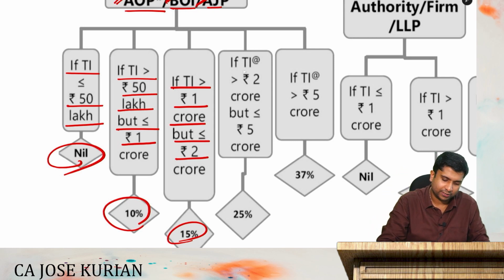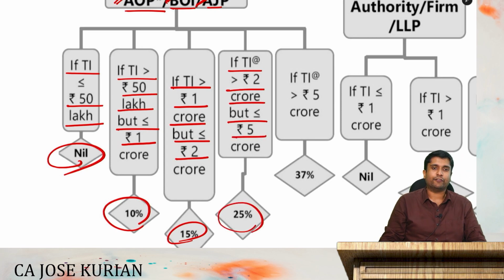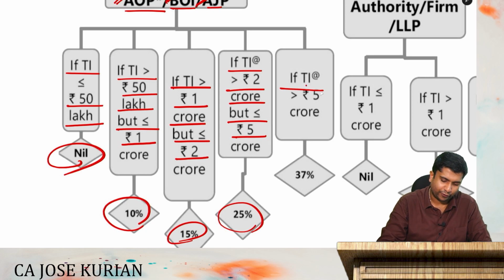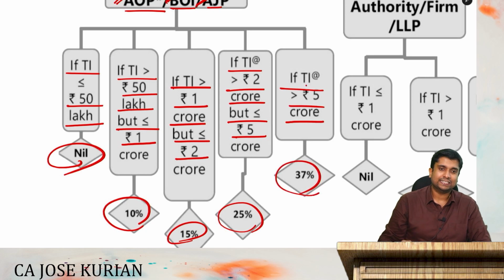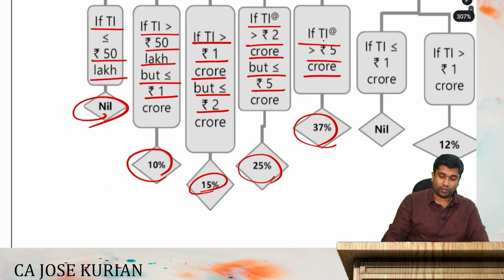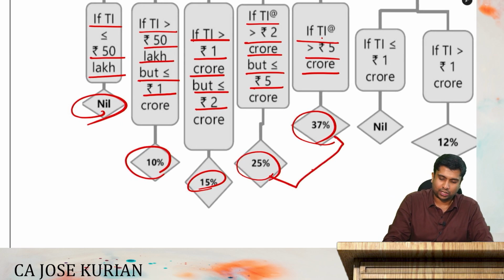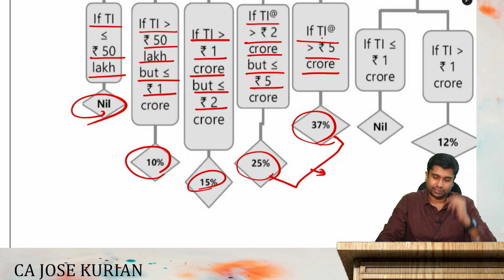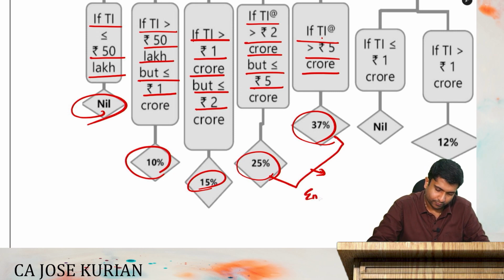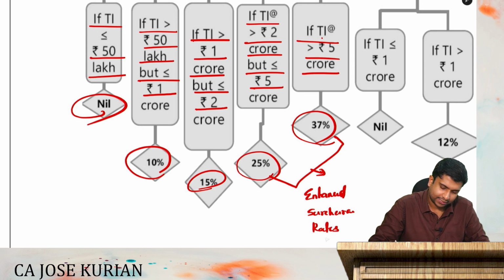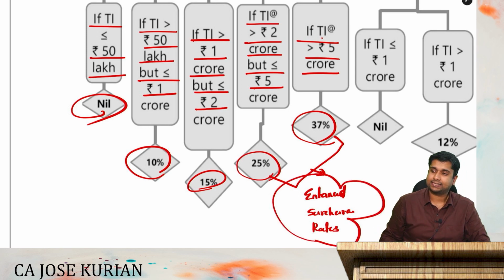And if your total income is more than 2 crore but does not exceed 5 crore, surcharge will be 25%. If your total income is more than 5 crore, then surcharge is 37%. And there is one funny factor here. These two rates, 25 and 37, are called enhanced surcharge rates.